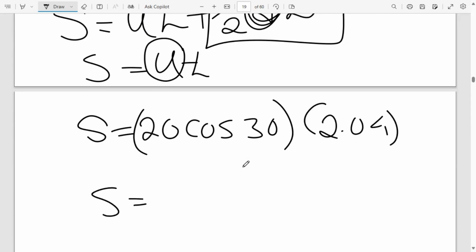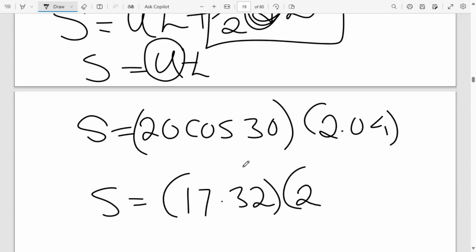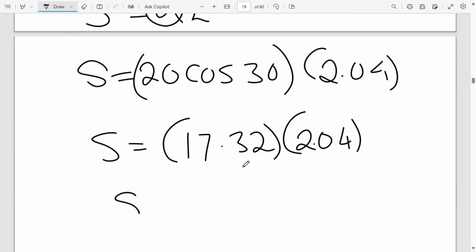So displacement is equal to 20 cos 30, I'm getting 17.32, and this multiplied by 2.04 like this. Therefore our S is equal to 35.3 meters. Any question?